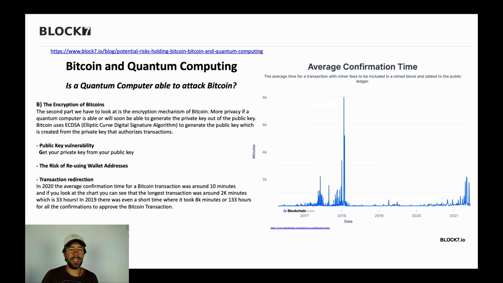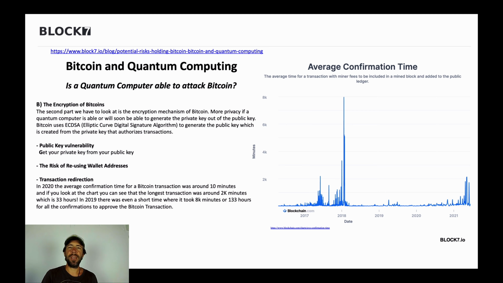And ECDSA is one, the elliptic curve digital signature algorithm, as you see here in brackets. This would be one algorithm that helps to generate a public key out of your private key.